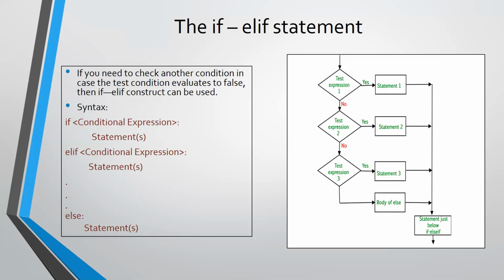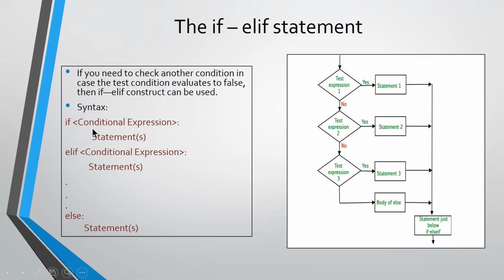It will come to the else part only if the previous condition evaluates to false, or if the condition is not satisfied. So in the else part, I want to check another condition. For that, you can go for the if elif statement. Look at the syntax that is given here.